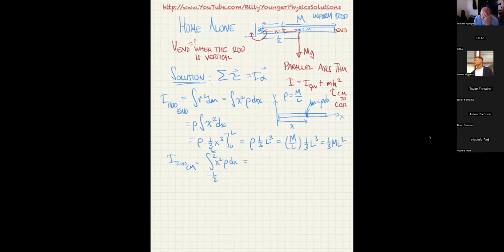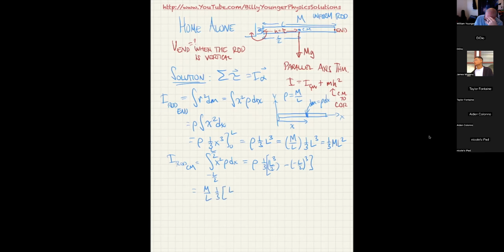And I think you can see that you'd get rho times 1/3 times L over 2 cubed minus negative L over 2 cubed, which becomes, in this case, rho is m over L times 1/3.